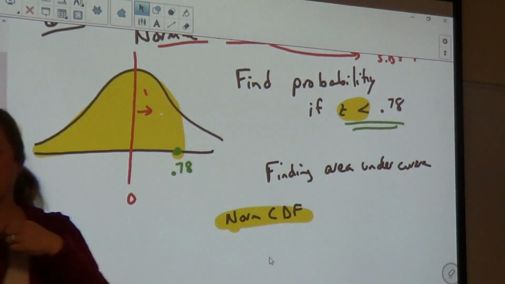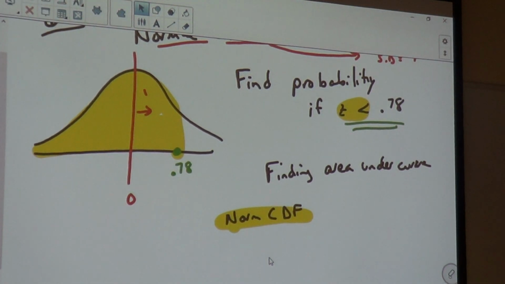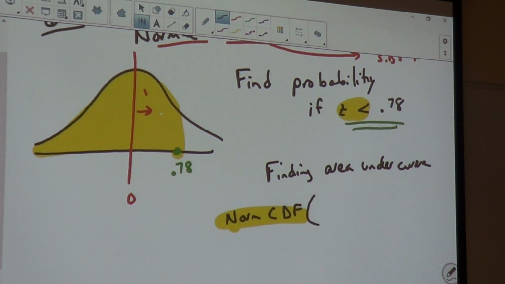When you go over there to test, you're going to do VARS, normal CDF, and it's just going to have that. So you're going to have to know that the first thing you put in is your left, comma, the second thing you put in is your right, comma, the next thing you put in is your mean, comma, the next thing you put in is your standard deviation.